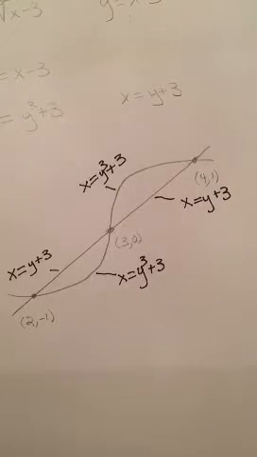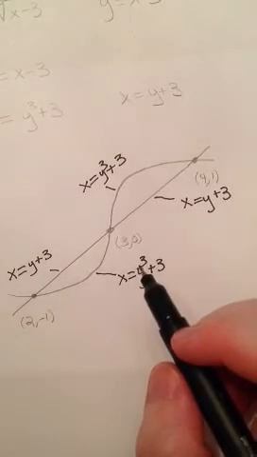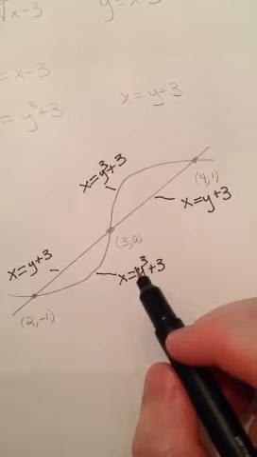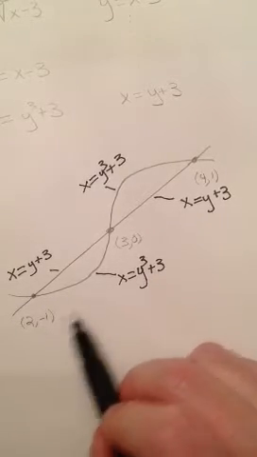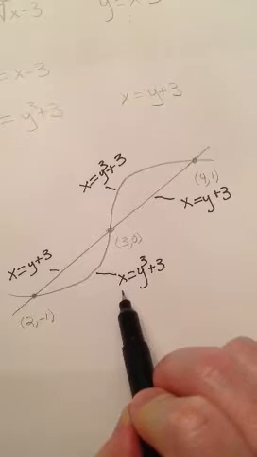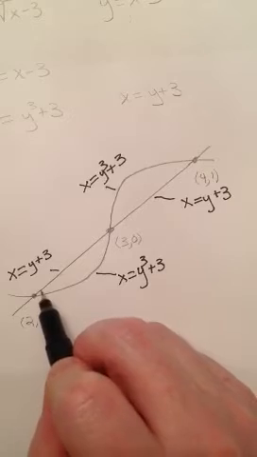Okay. And so if we look at integrating with respect to y, we were looking at horizontal slicing. If you notice, between (2, -1) and (3, 0), x equals y cubed plus 3 is to the right of x is equal to y plus 3.